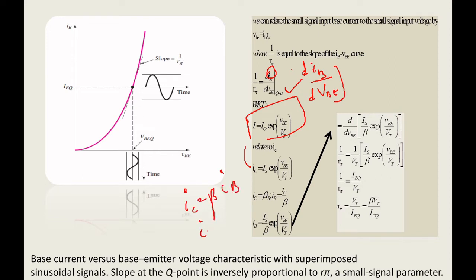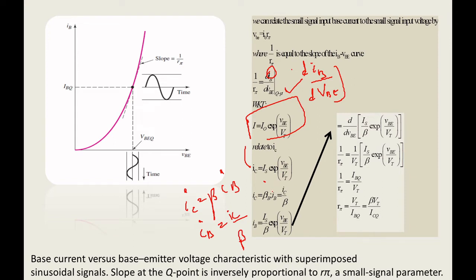So you know the powerful relation, that is IC equal to beta times IB. So from this I can write IB equal to IC by beta. I'm substituting here, right? So now what you want to find is IB, which is IS by beta exponential of VBE by VT.